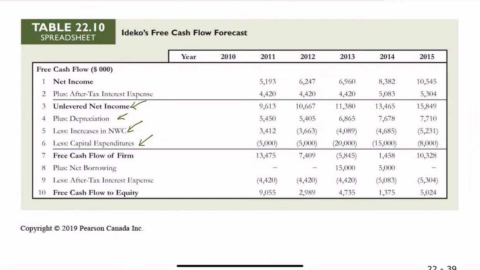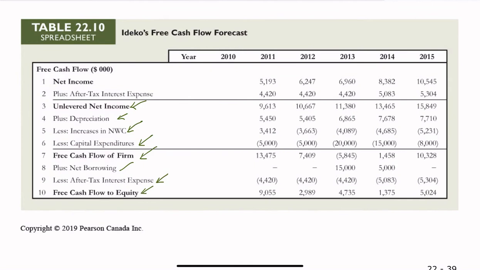And this will give us the free cash flow of the firm. And then if we want, we could also adjust from the free cash flow of the firm to the free cash flow to equity holders. So here you can see that if we start with free cash flow of the firm, then we would plus net borrowing, and then we would minus the after-tax interest expense. So this will give us the free cash flow to equity.